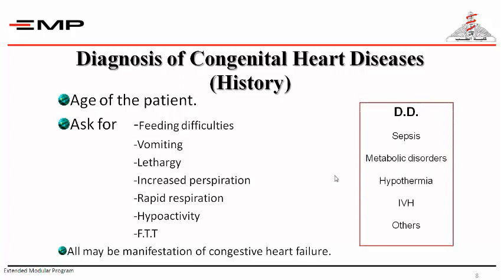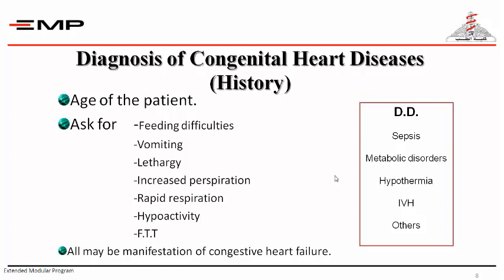The differential diagnosis for congenital heart disease, which shares the same symptoms: the infant or the neonate can present with sepsis or metabolic disorder or hypothermia or others. All these differential diagnoses share the same symptoms with congenital heart disease.